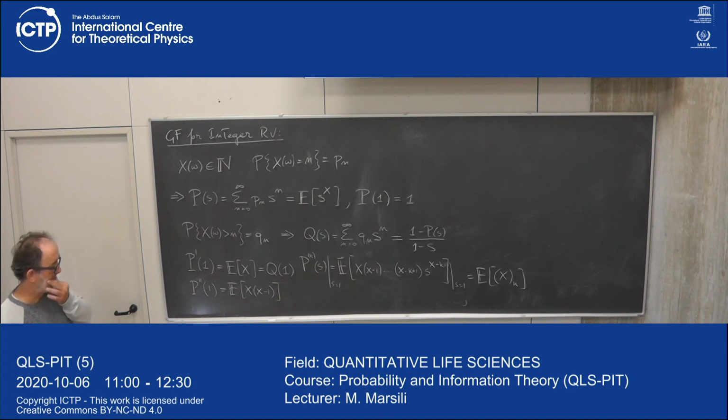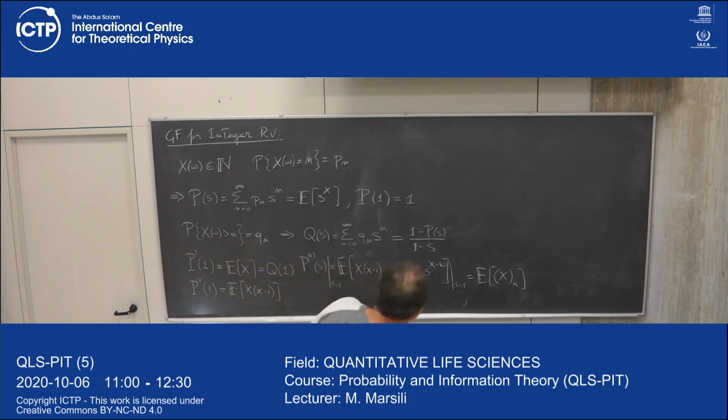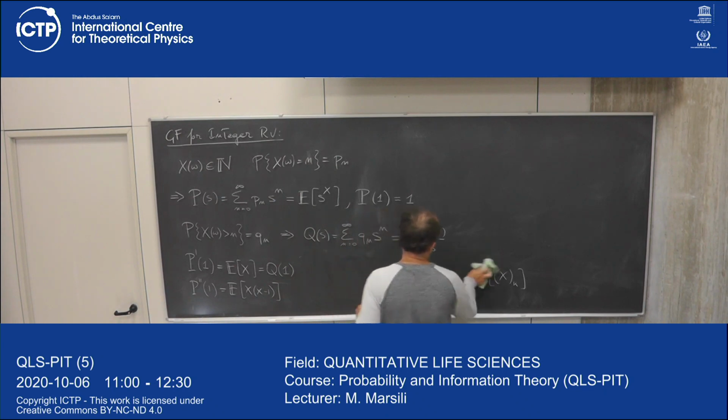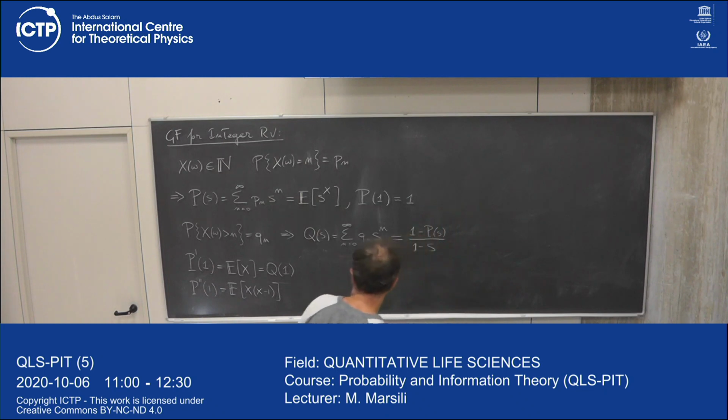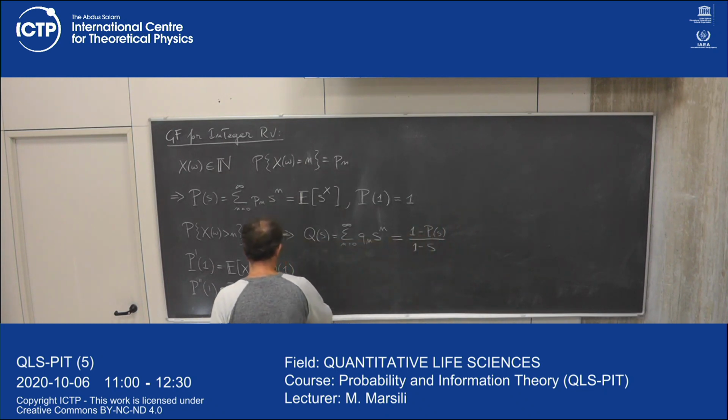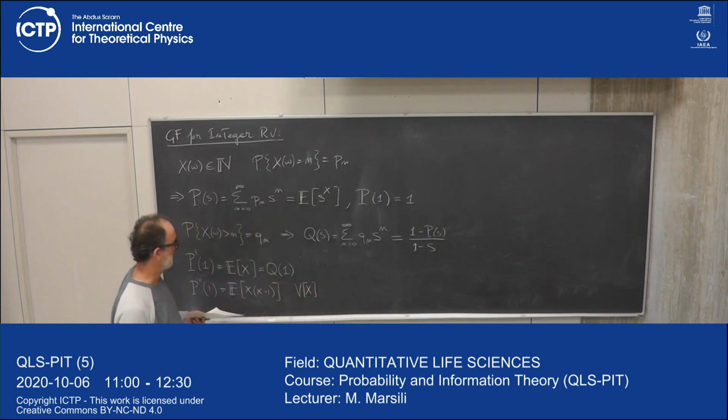And okay, so how do you use these relations? Say, for example, you can see that the variance of a random variable x is the expected value of x squared minus the square of the expected value of x.